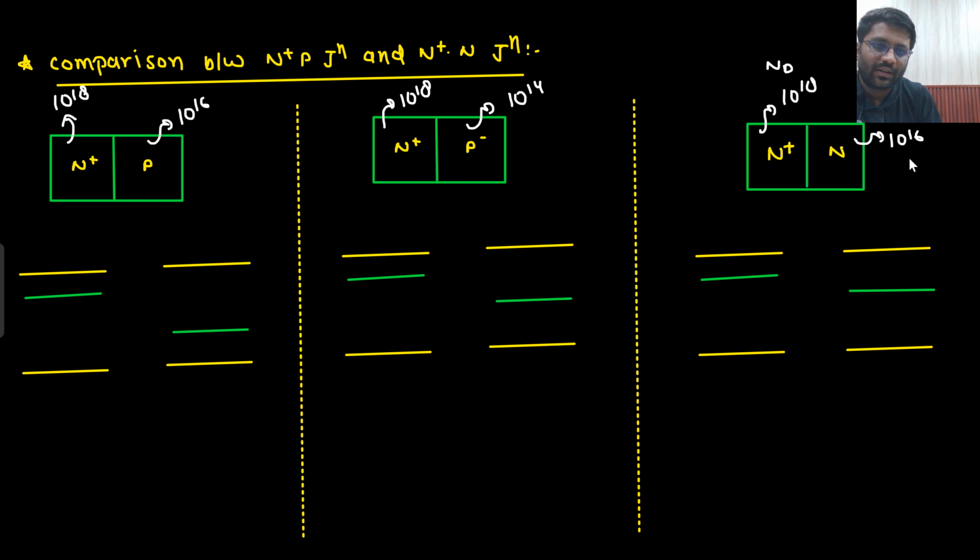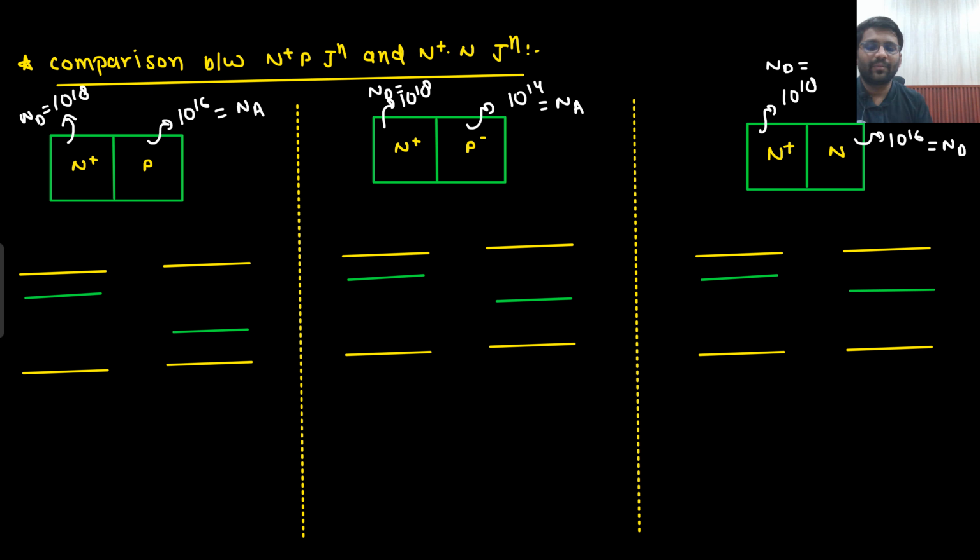Here it is donor, donor, donor. This is also donor, but this is acceptor. And this is your donor, and this is acceptor. Right? You understand the meaning of P minus, although P minus we don't use. But here I have put P minus. That means you need to say that, sir, this doping is more than this doping.